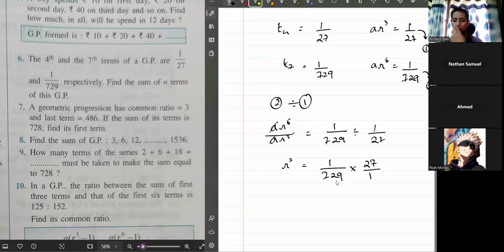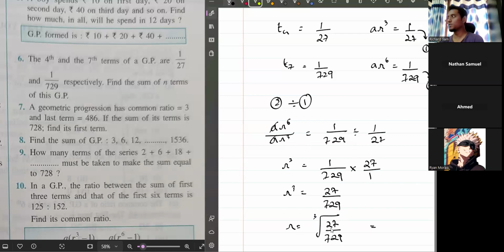Now, 27 is a cube of a number. 729 is also a cube of a number. So don't try to cut them because they're already perfect cubes. So R raised to 3 is 27 upon 729 and R is equal to cube root of 27 upon 729.